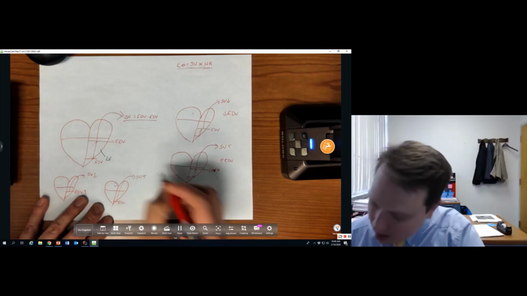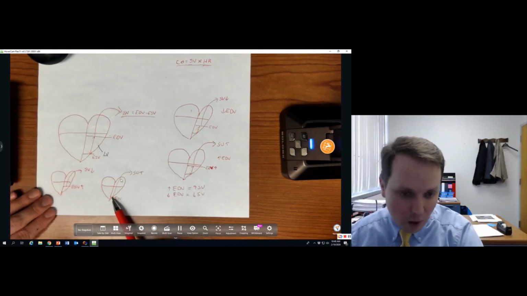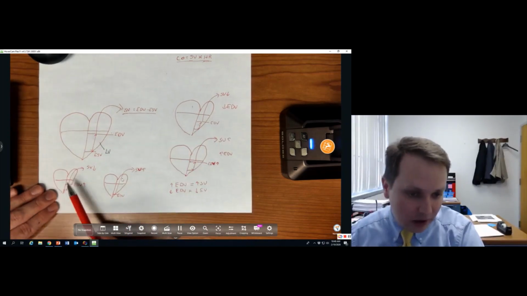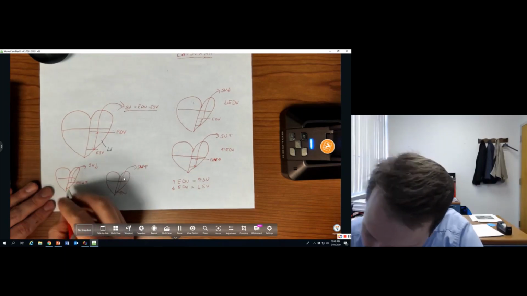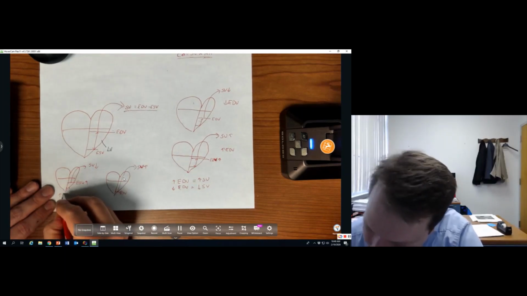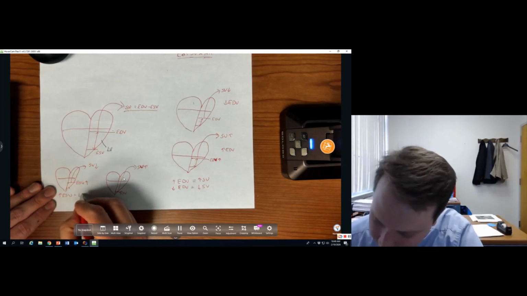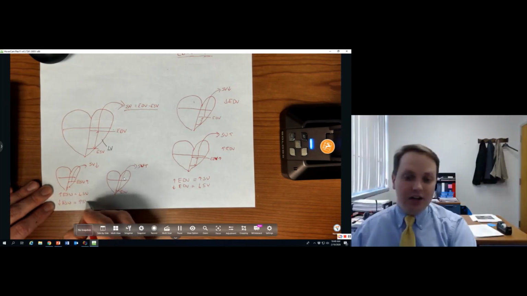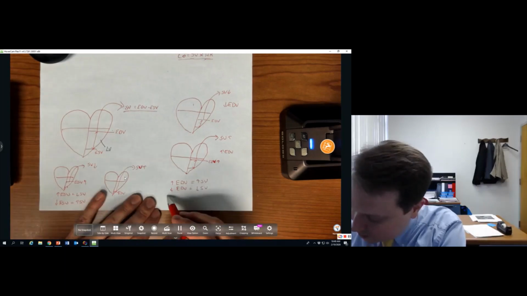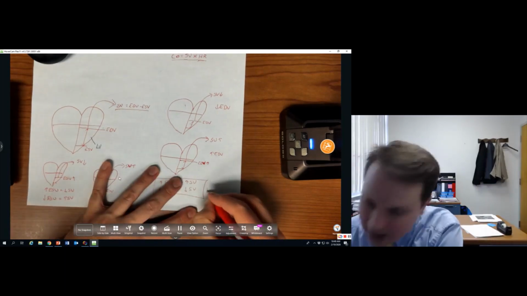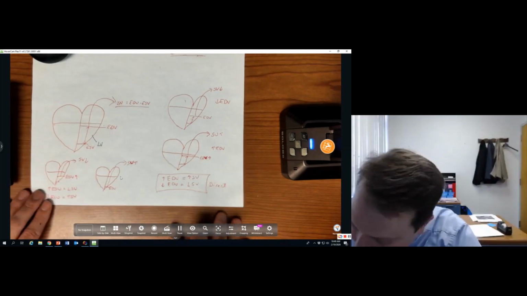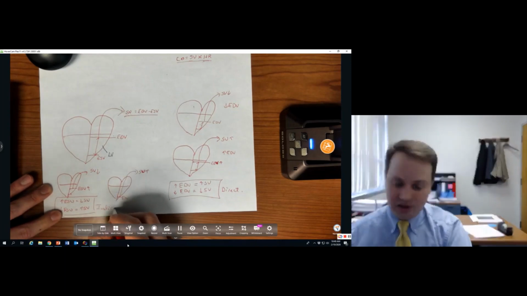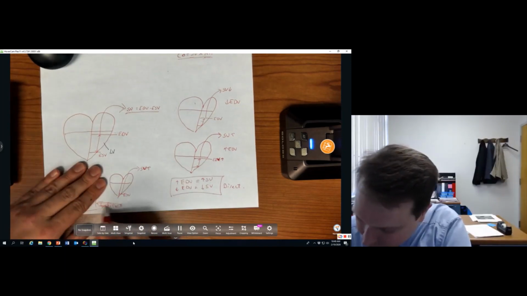That means if there's less blood left over, more blood went out. If there is more blood left over, less blood went out. So an increase in ESV means a decrease in stroke volume, and a decrease in ESV means an increased stroke volume. So you will notice that this is always a direct relation, and this is always indirect, or let's say inverse relationship, okay?